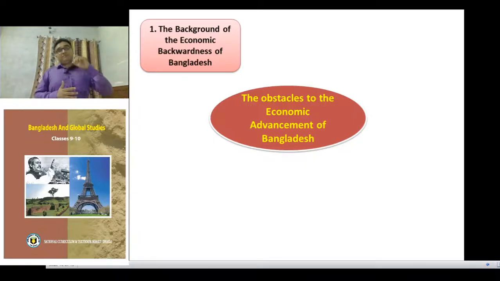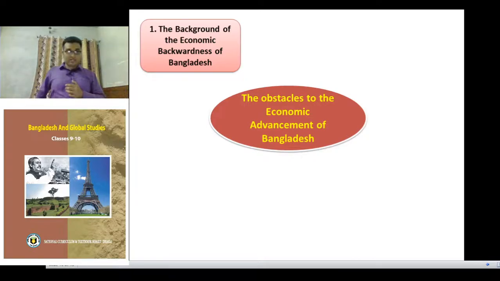They did not want to improve the economic infrastructure of East Pakistan. So the economic backwardness of Bangladesh is one of the obstacles to the economic advancement of Bangladesh.